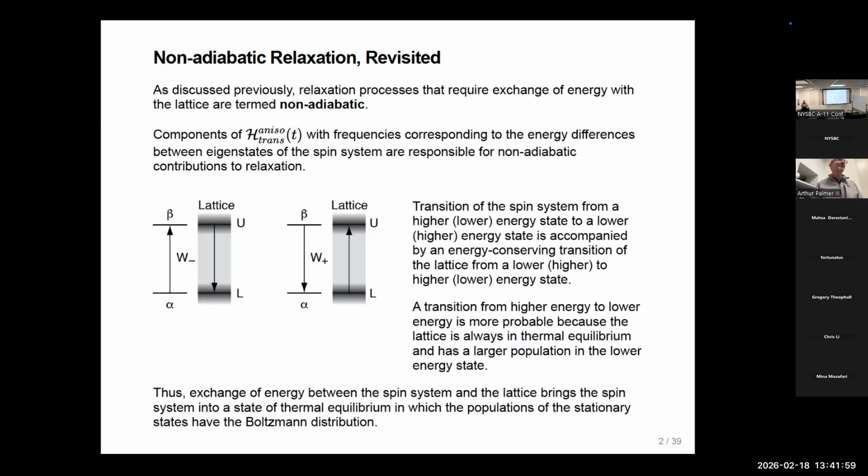It also has a quasi-continuous distribution of energy levels, and therefore is capable of providing whatever energy is needed to go from alpha to beta, or it can absorb whatever energy is emitted in going from beta to alpha. So it's basically a huge heat bath with any amount of energy available.